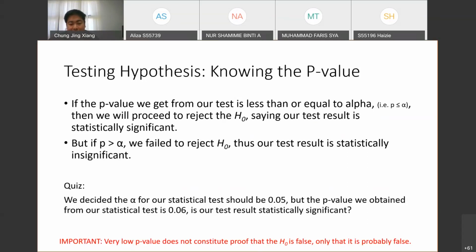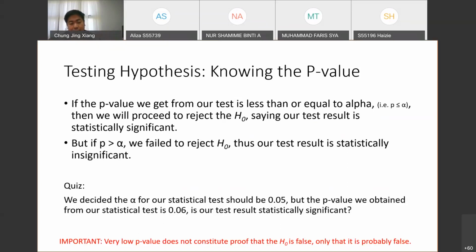But if the p-value is larger than alpha, we will fail to reject our H naught. Because it means the probability of getting the result from our test by chance, or randomly, is higher than the error we allow.